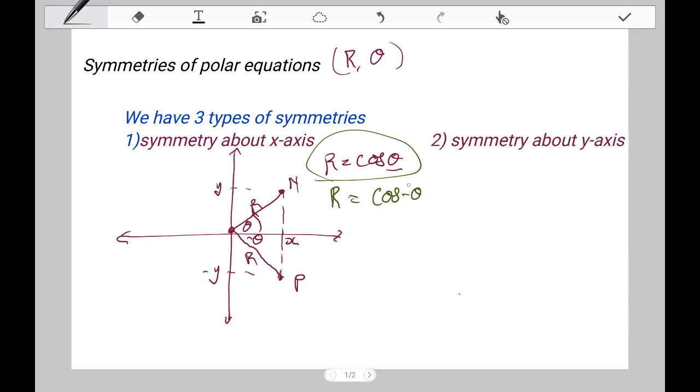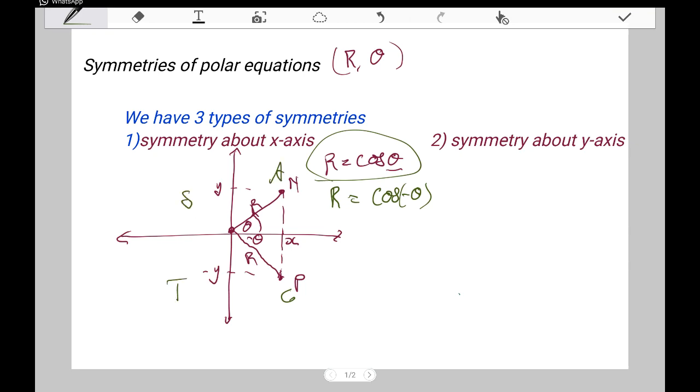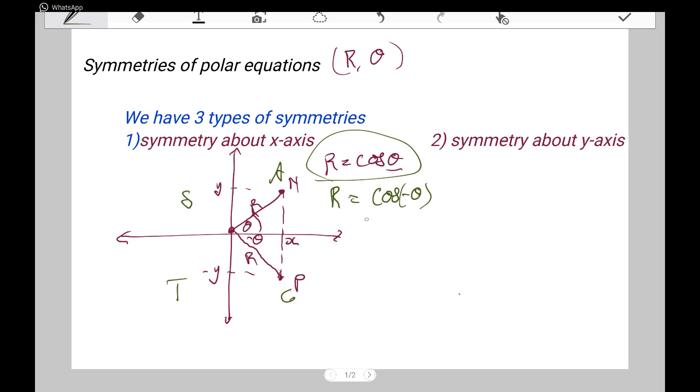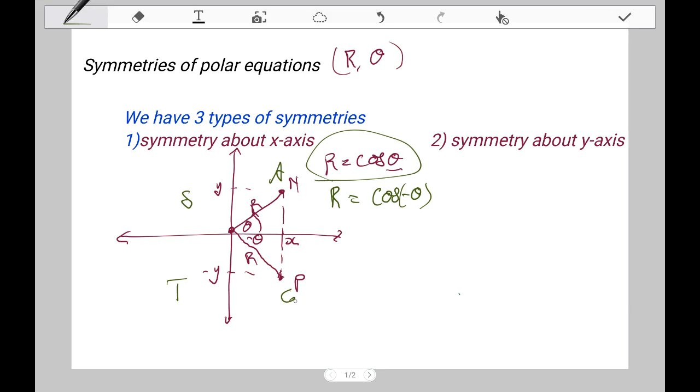Remember that here cos is positive, here tan is positive, here sine is positive, and here all of them are positive. Since cos is positive in the fourth quadrant, I will get r equals cos of theta. Therefore this equation is symmetric about the x-axis.